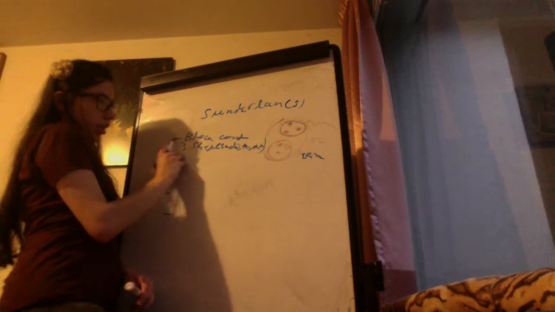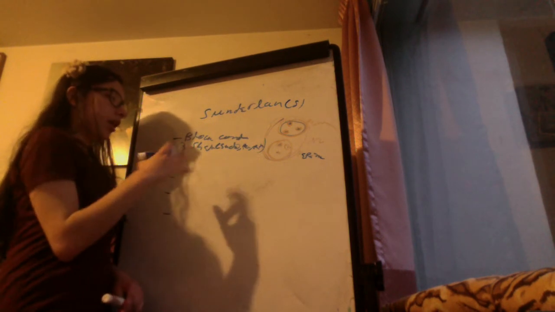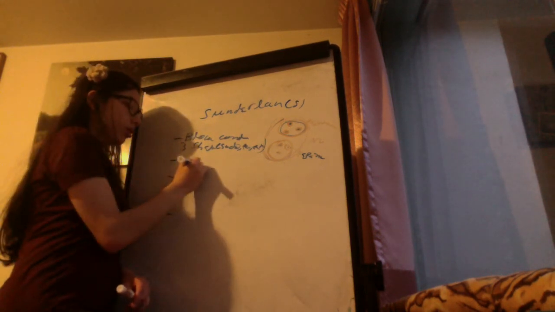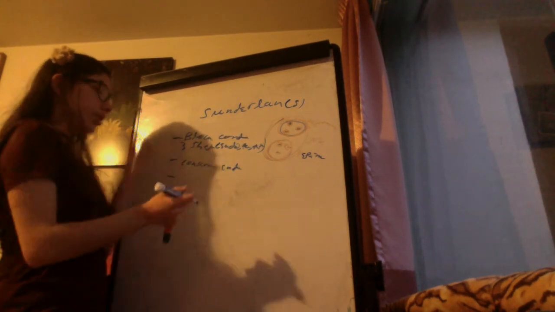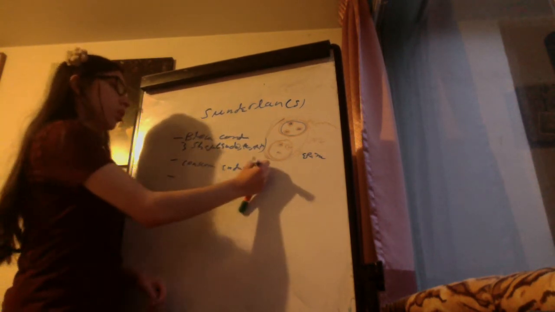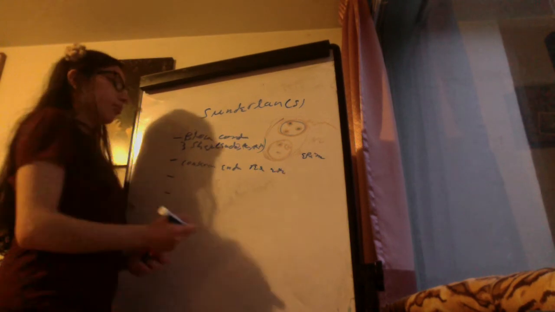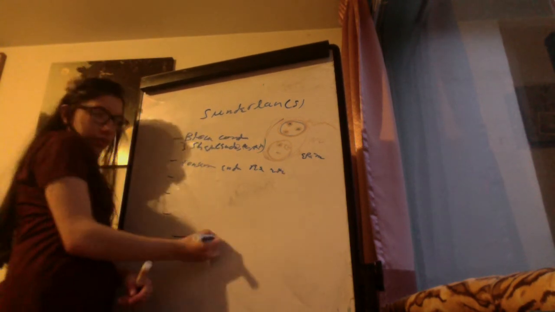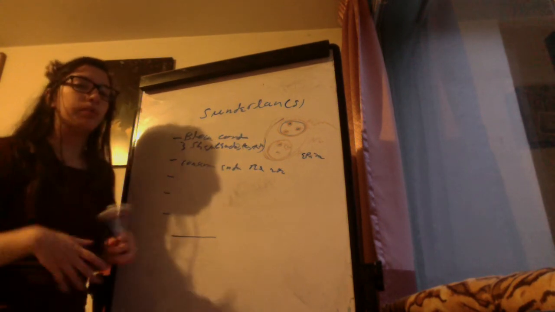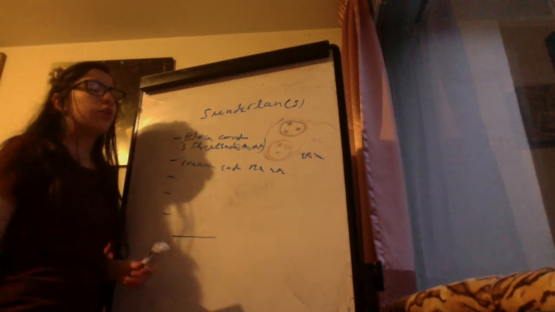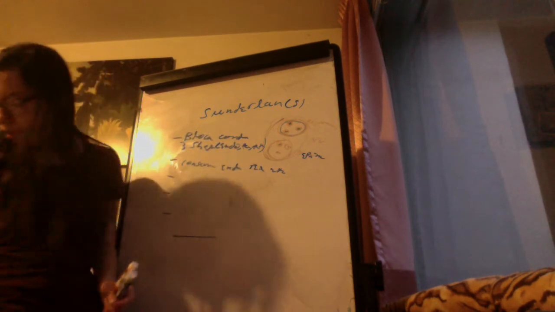Then the next one is conservation of the endoneurium. So this allows the regeneration of the axon. That is, here we have an axon, and remember that the peripheral axon has Schwann cells around it.